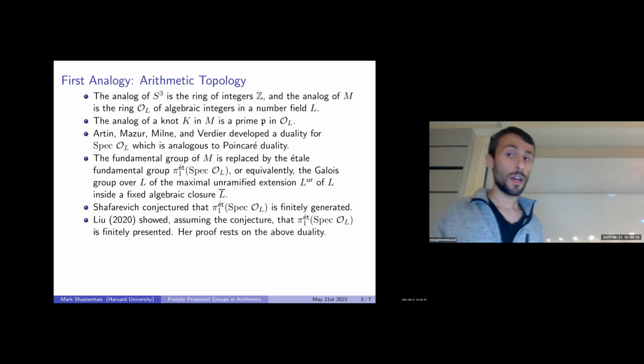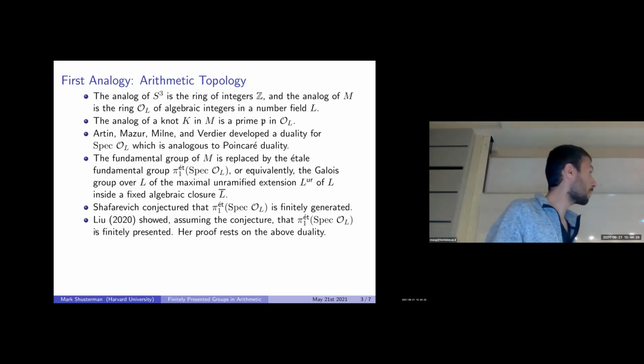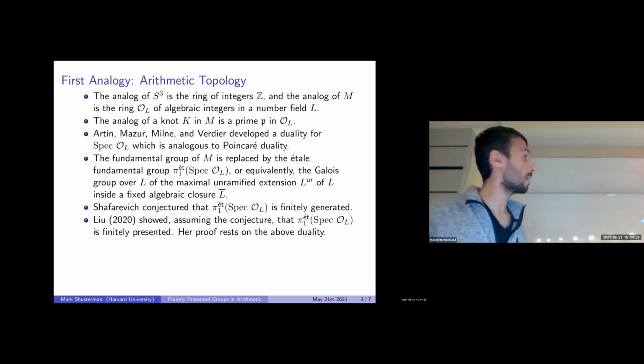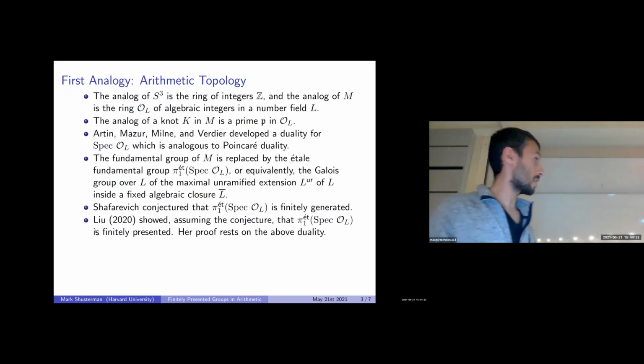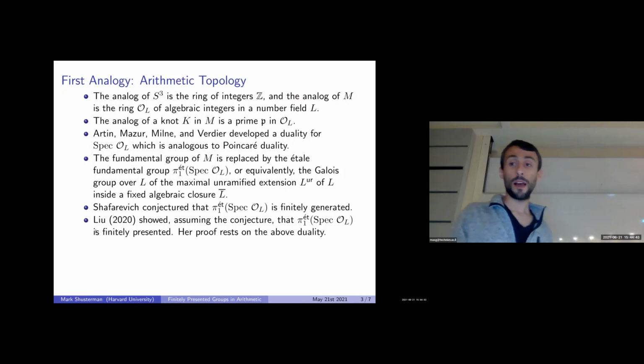However, Yuan Liu recently was able to show that if you assume this conjecture, you can show that this fundamental group is finitely presented, which is what we had for three manifold groups. And so the analogy extends in the sense that she was also able to get some bound on the number of relations that we need, maybe not the optimal bound, but certainly it resembles in some sense what happens for three manifolds.